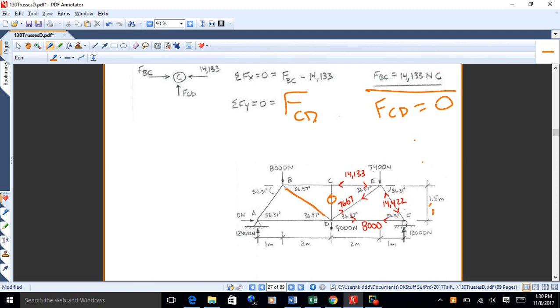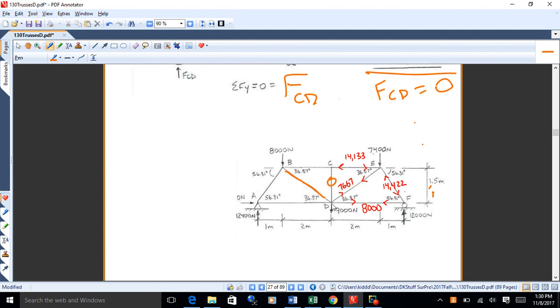If you removed CD, you'd have to make BE one solid member, if you were to change that truss around. So if you know what I mean, there's a joint at C. If you remove CD, you'd have one solid member running across. Okay. All right. So that's a zero force member.